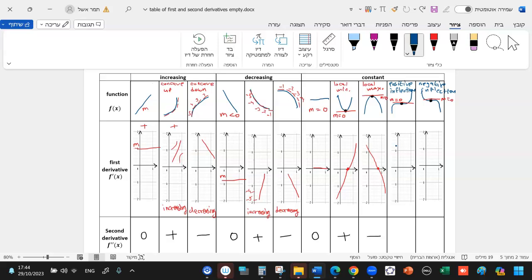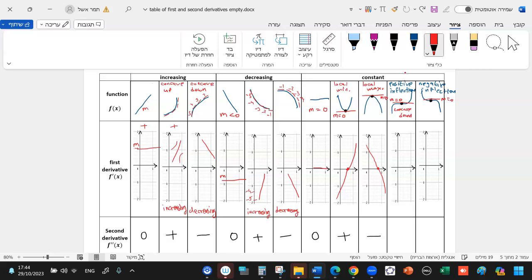If I exaggerate here, you can see that to the left of the point of inflection, the function goes like this, and then changes to go like this. Concave down becomes concave up. Here we have concave down.